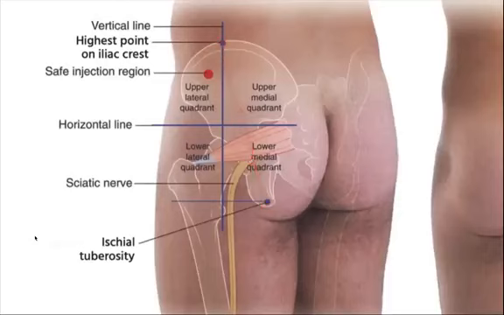Second point should be from the greater trochanter to the ischial tuberosity, okay? And you can make again a point onto that place. Now, if you make a curved line between these 2 points like this, it will be your surface marking for the sciatic nerve.